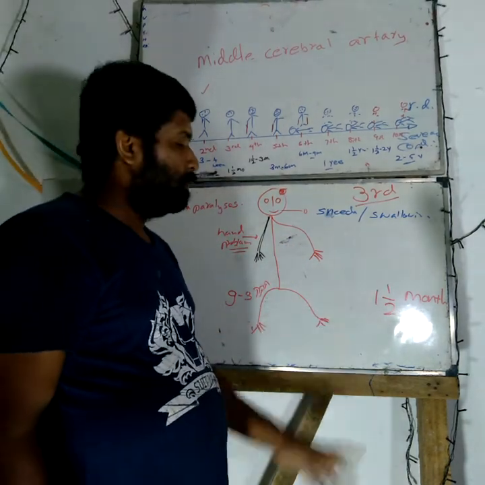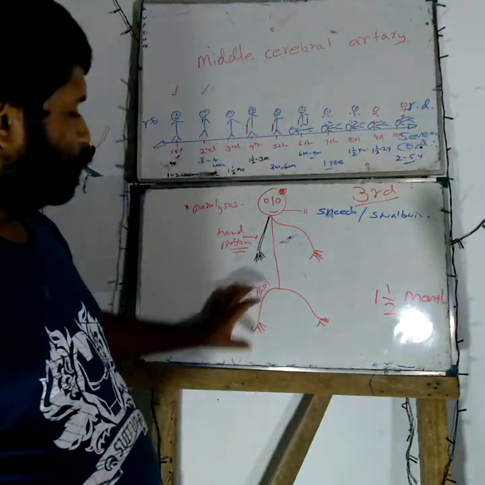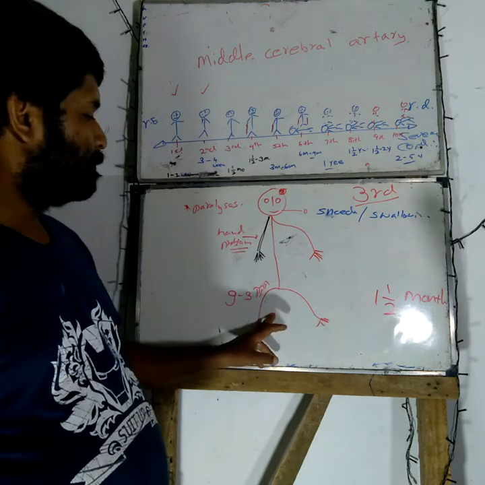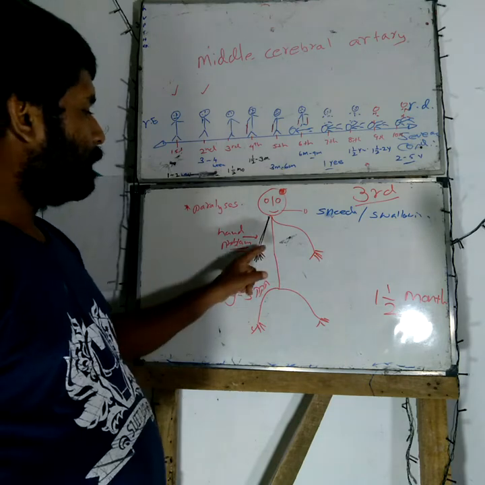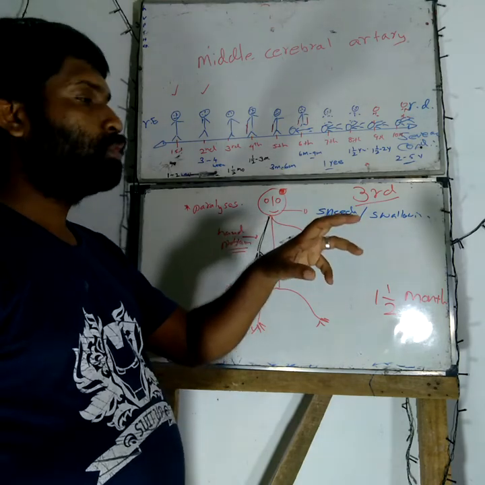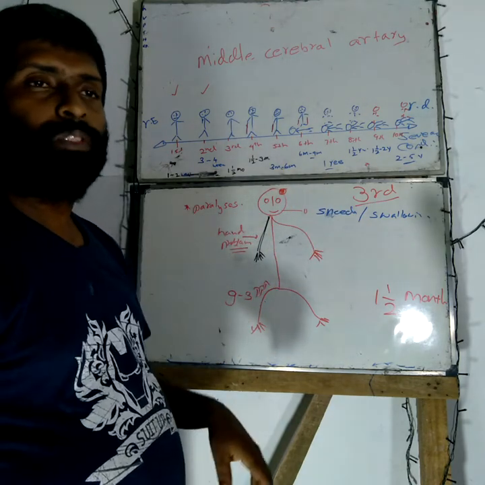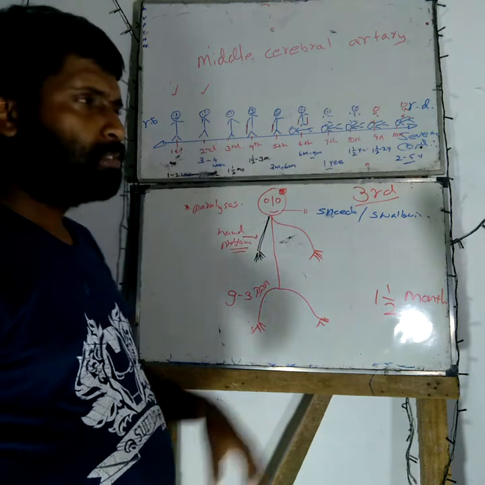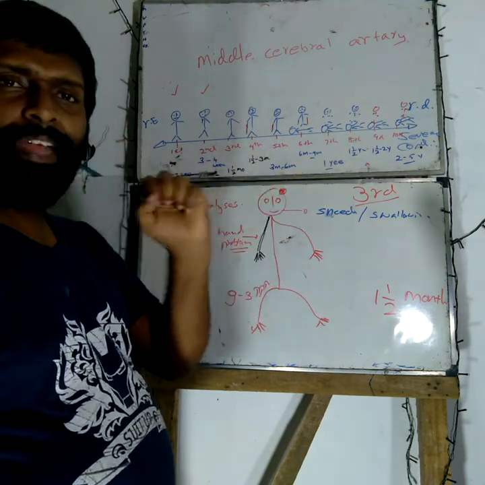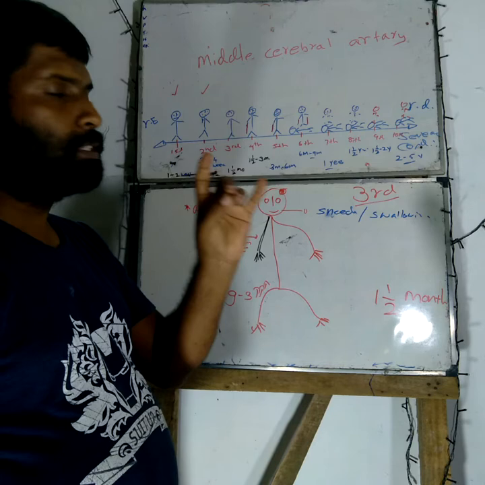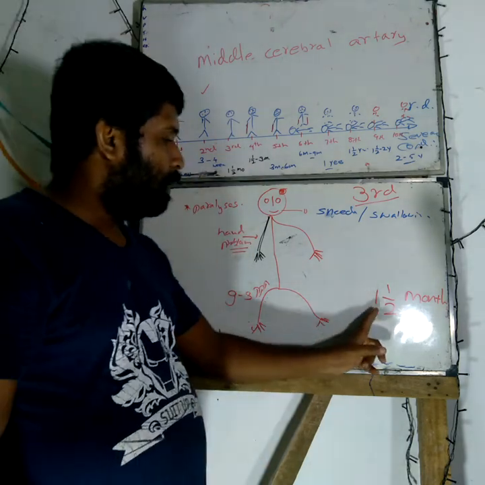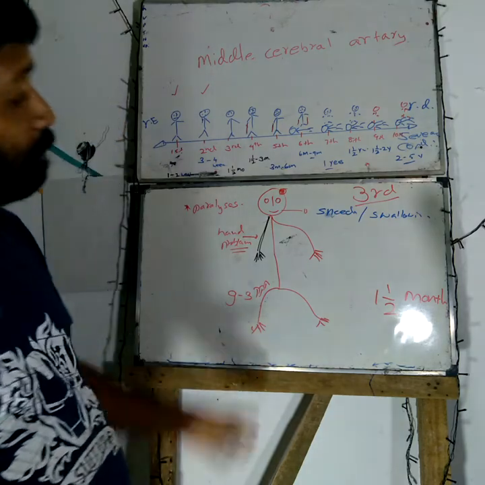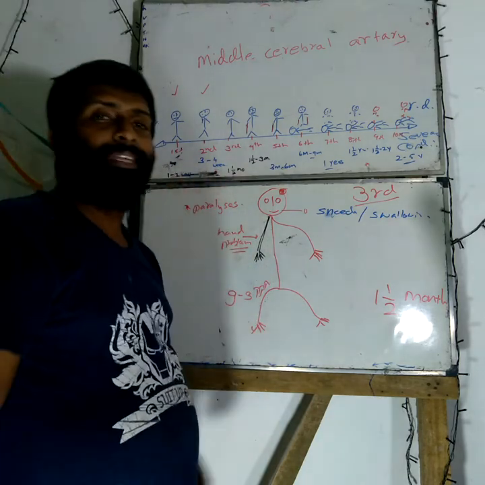After 1 month, 1 and a half months, the leg is totally correct, he can walk, he can ambulate, but hand movement he can't do. Sometimes apraxia, sometimes finger movement reduction, the opposition finer movement not gained. After 1 month, finer movement not gained.